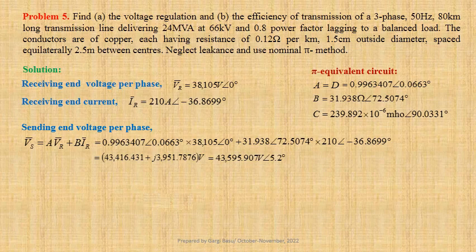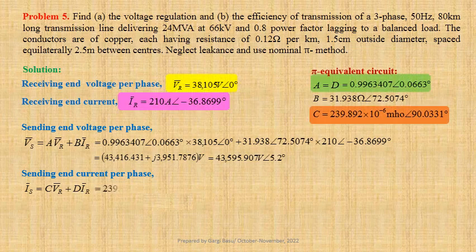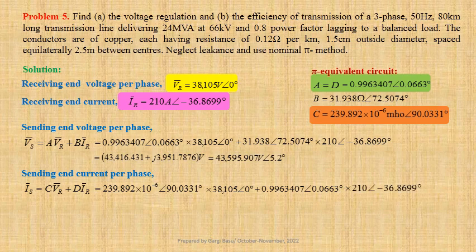And expression for sending end current per phase, Is equals C times VR plus D times IR. Using values we get 239.892 into 10 to the power minus 6 at an angle 90.0331 degree into 38,105 at an angle 0 degree plus 0.996347 at an angle 0.0663 degree into 210 at an angle minus 36.8699 degree.